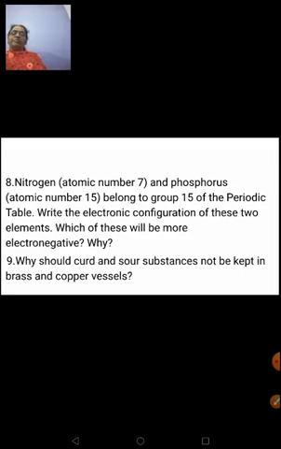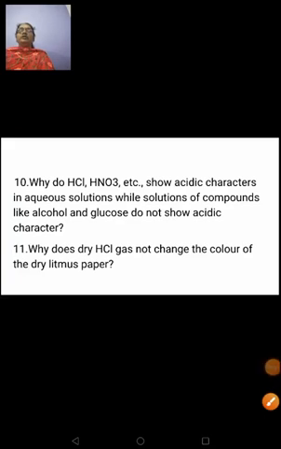Okay. Now, why do HCl and HNO3, that is hydrochloric acid and nitric acid, show acidic characters in aqueous solutions, while solutions of compounds like alcohol and glucose do not show acidic character. See, we have learnt already.